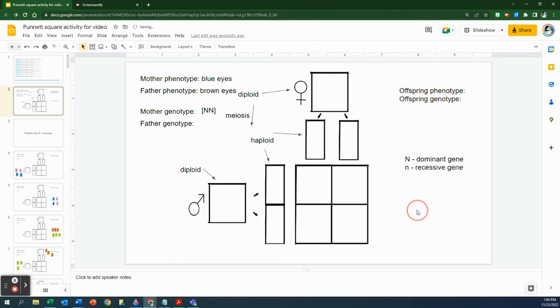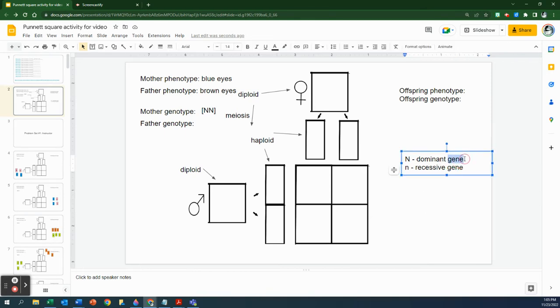Dominant and recessive were coined by Mendel. And dominant and recessive doesn't mean anything about better or worse or anything like that. It simply means that the dominant gene, or I guess I should really call it allele, not gene. Dominant allele and recessive allele.